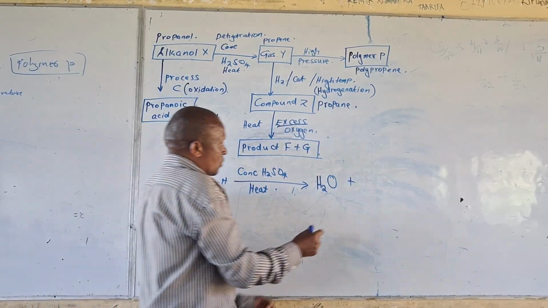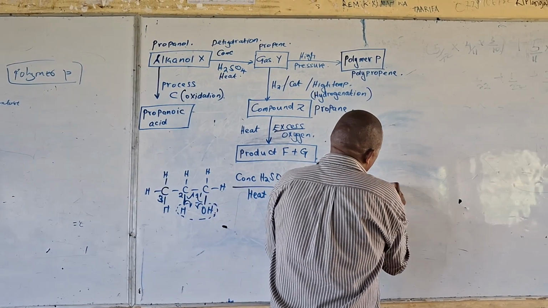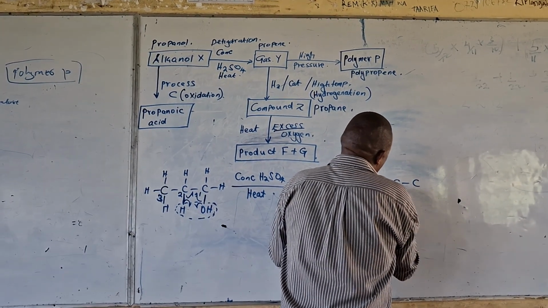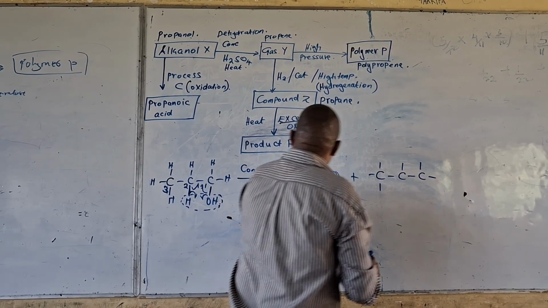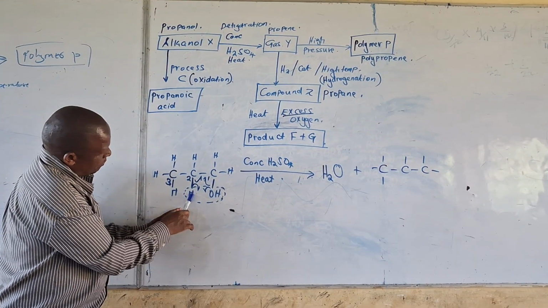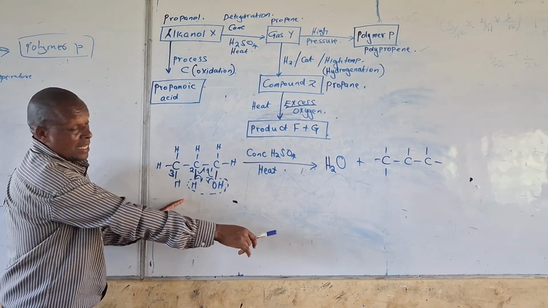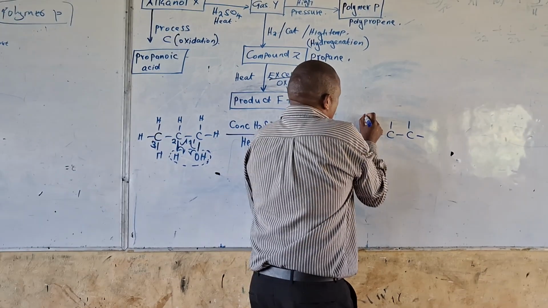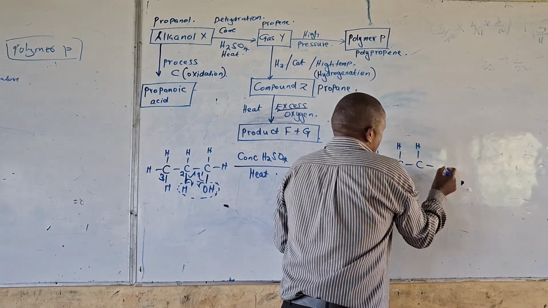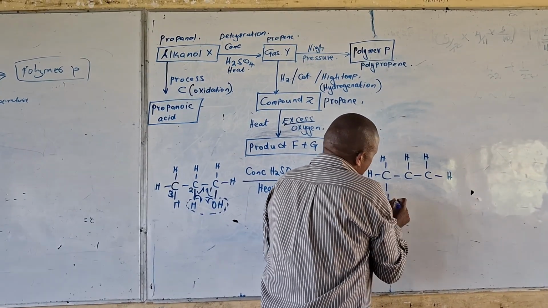So that is the rule. Remember that we have removed H and OH. That's why you have not written anything there. So here we write H, H, H, H, H, and this one H.